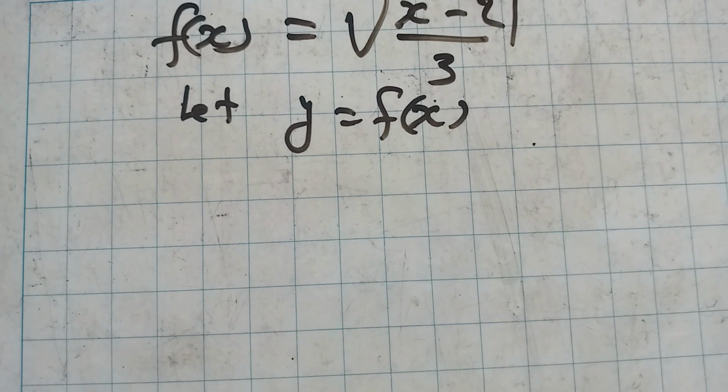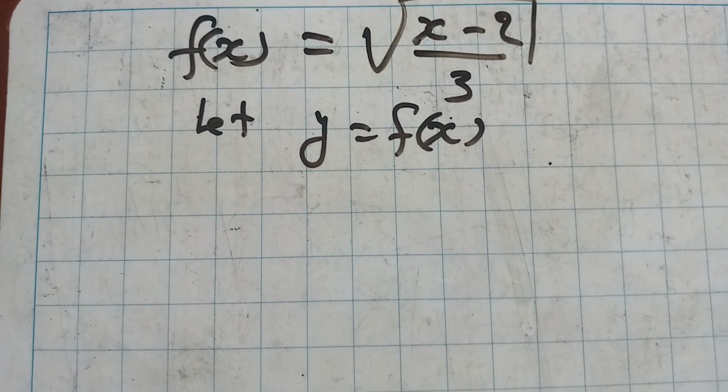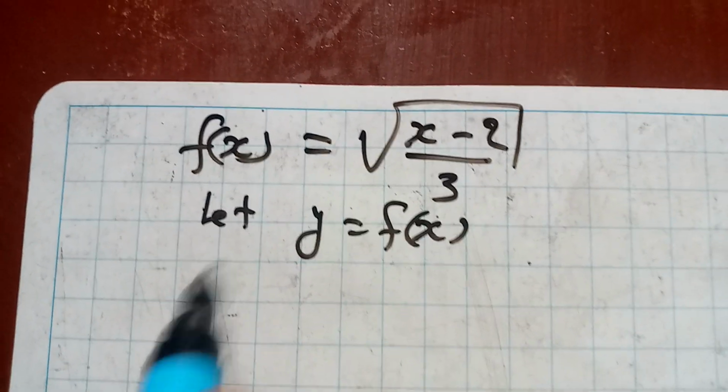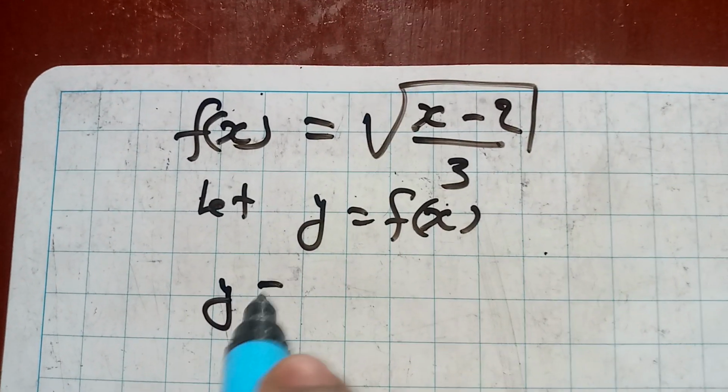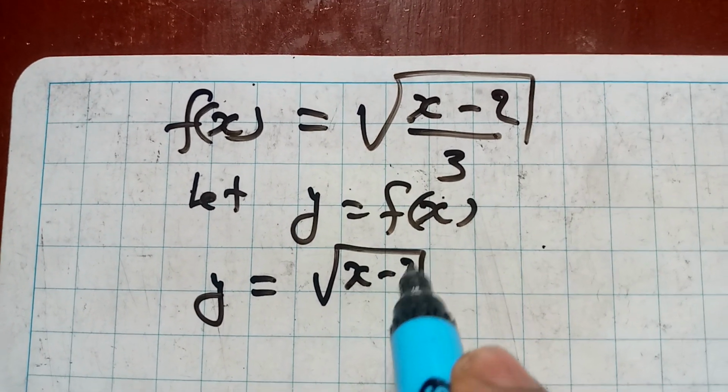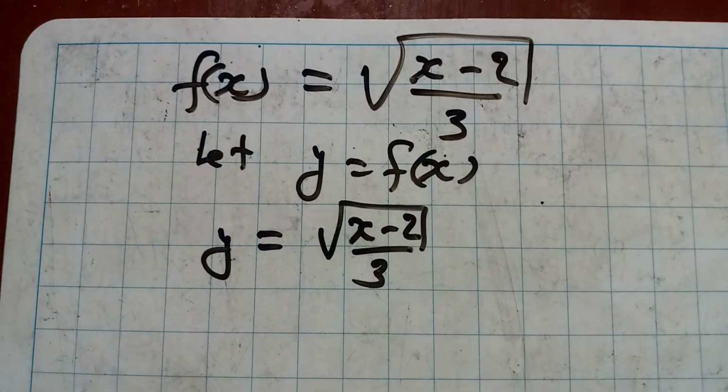So here we have y equal to the square root of x minus 2 divided by 3.